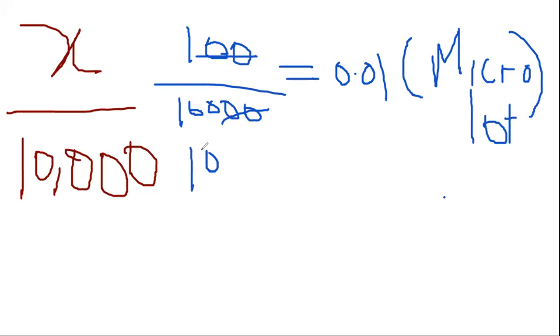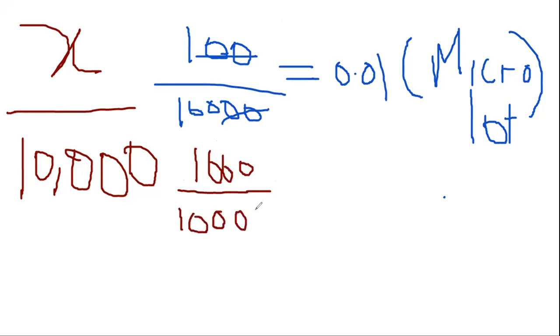I expect her to do the mathematics like this: 1,000 divided by 10,000. These zeros will cancel these zeros. 1 divided by 10 is what? That's 0.1.